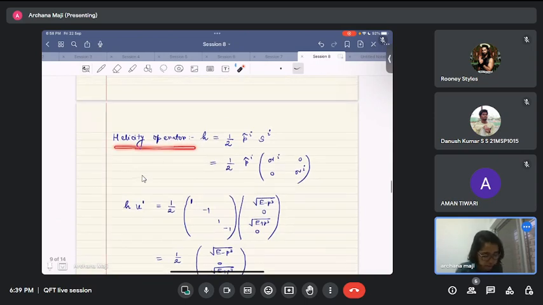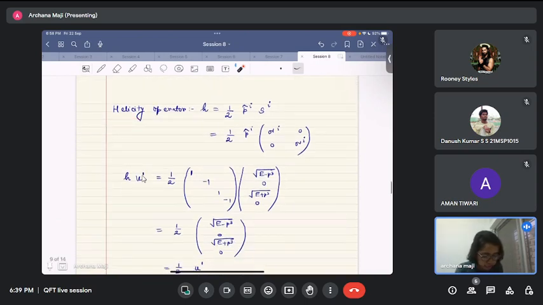This helicity operator, we said that it is not a Lorentz invariant concept because it involves the direction of momentum, and we know that if we perform a boost, we can go to a frame where the momentum can have a different direction than in the previous frame. So the helicity operator is not a Lorentz invariant concept in general, but for a massless particle this is always Lorentz invariant, because for a massless particle we do not have a frame of reference where we can make the direction of spin opposite to what it was in the previous frame of reference.